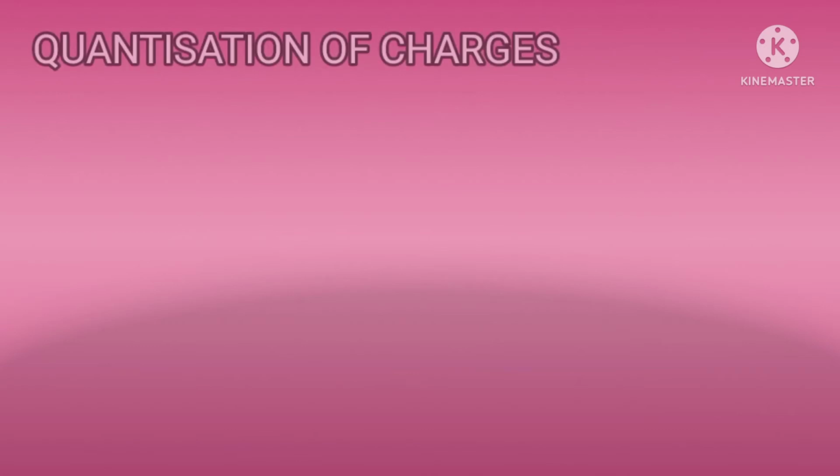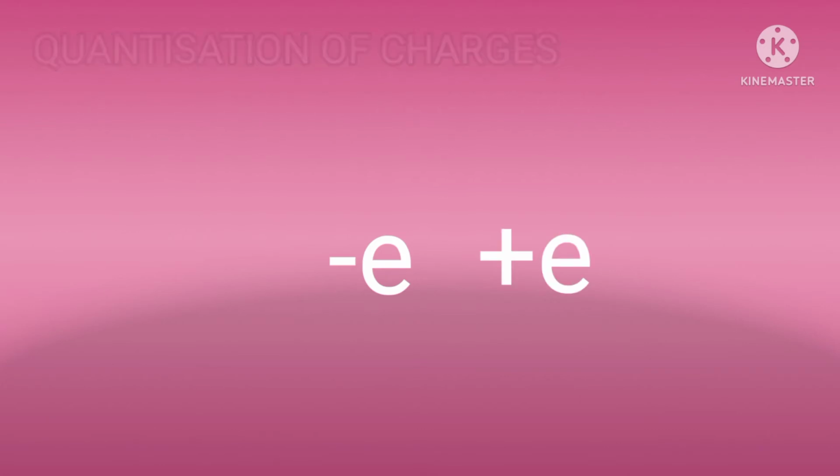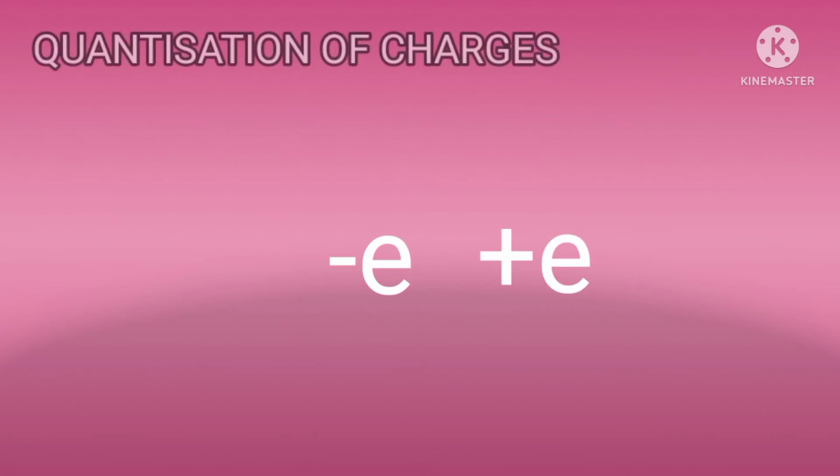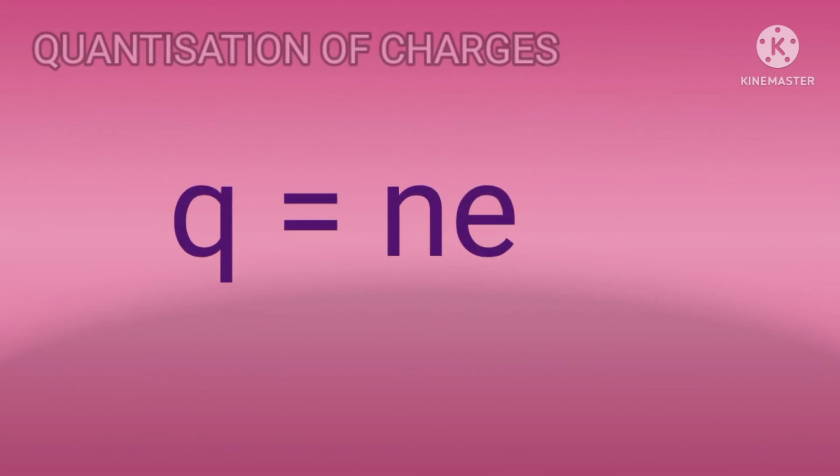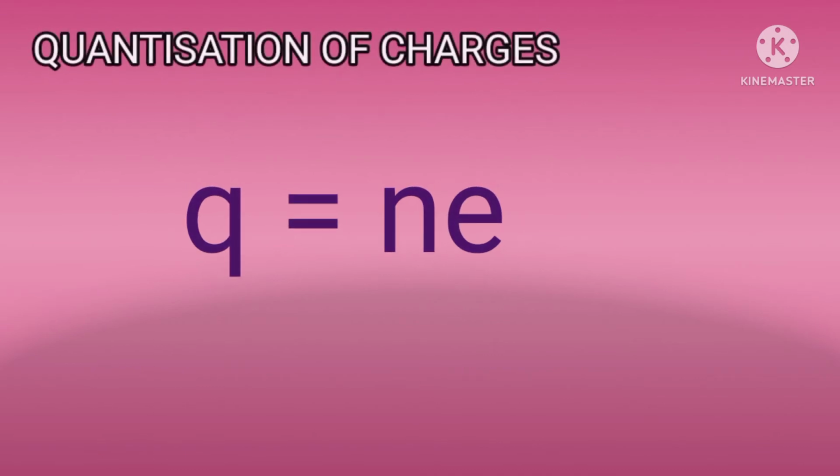Now, the third property is quantization of charges. Experiments show that the charge on an electron is minus e and the charge on the proton is plus e. Here e denotes the fundamental unit of charge. The charge Q on any object is equal to an integral multiple of this fundamental unit of charge.